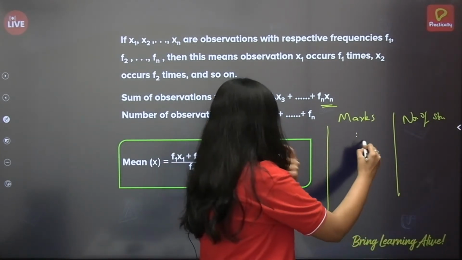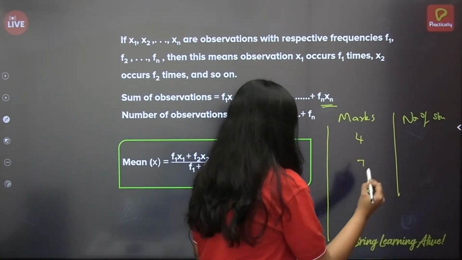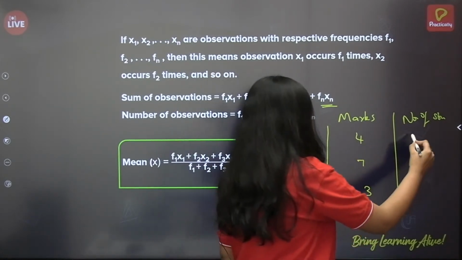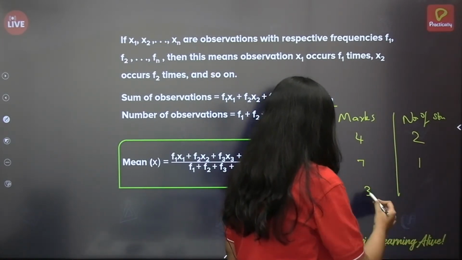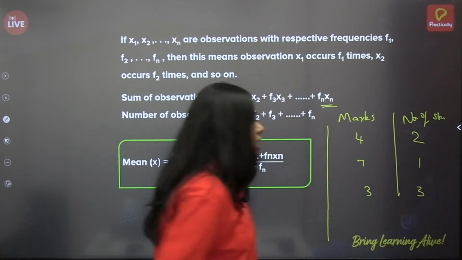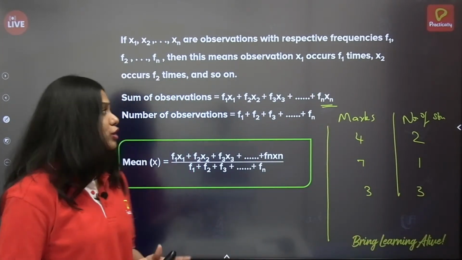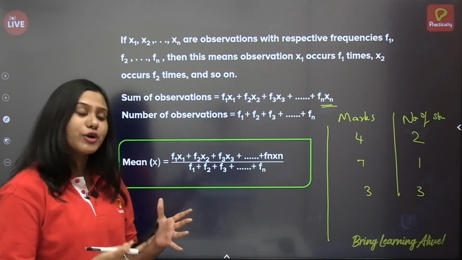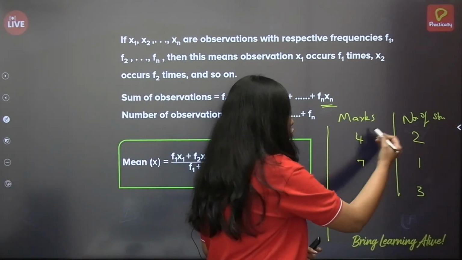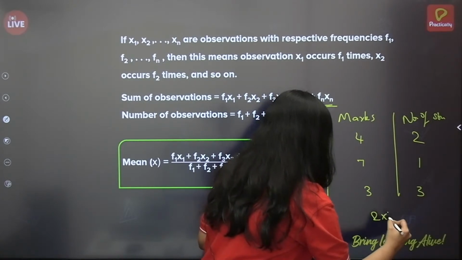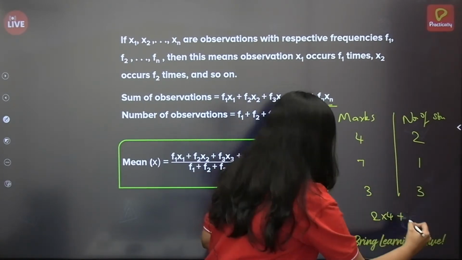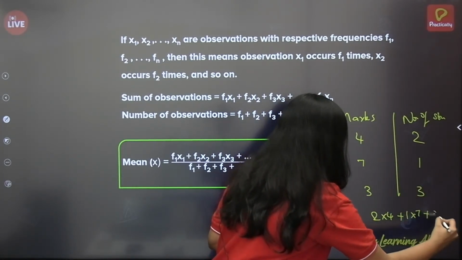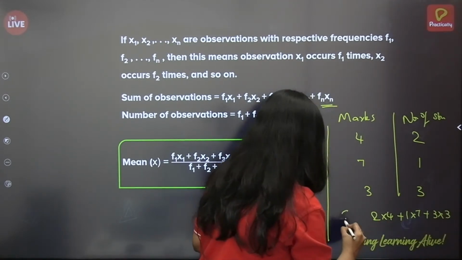So it is 4 marks, 7 marks, 3 marks. 4 marks are obtained by 2 students, 7 marks by 1 student, 3 marks by 3 students. Now, I want to calculate the total number of marks of all people. What do I do? 2 people, so 2 into 4, plus 1 into 7 plus 3 into 3.